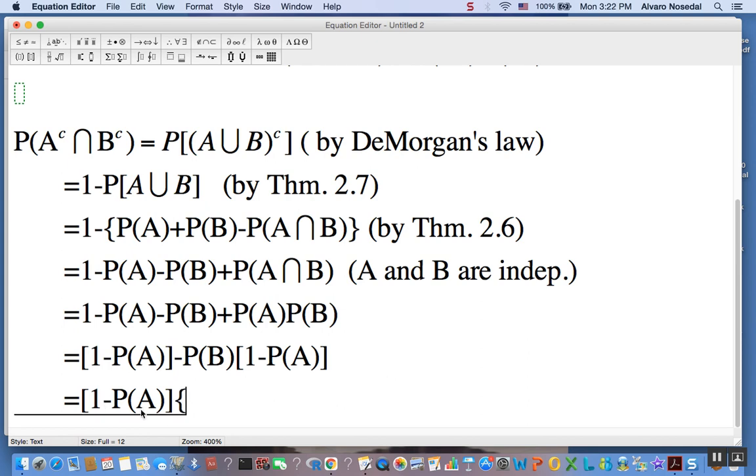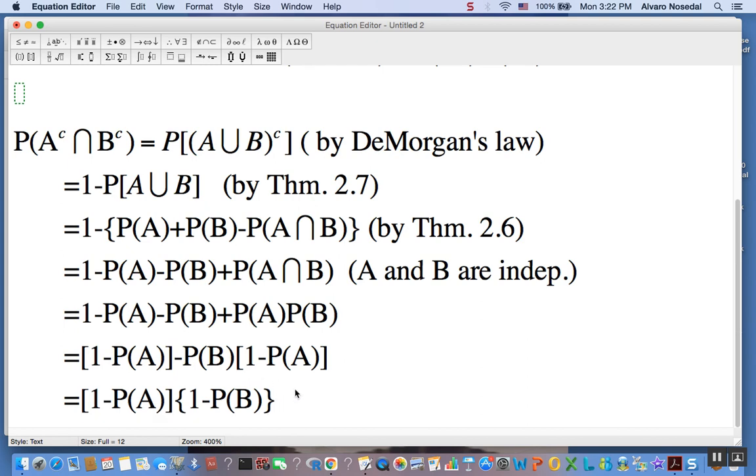One minus probability of A times 1 is this first term, minus probability of B, that is going to be that second term. Can you see that? 1 minus probability of A times 1, this. 1 minus probability of A times probability of B, this. The second term.